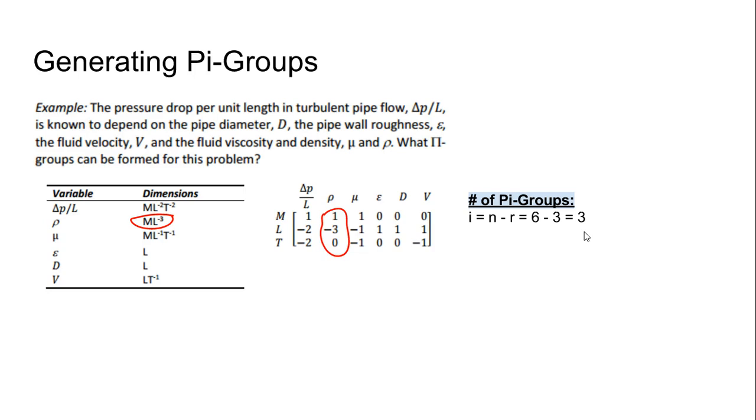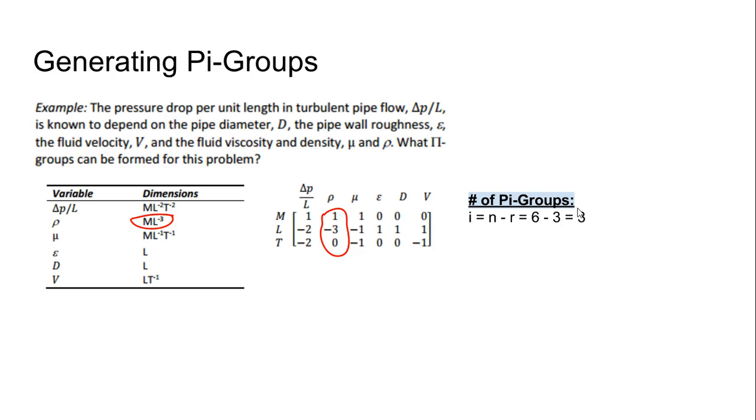But the thing is, they all have that essence, which is that initial pi group, and you're just scaling it by a certain amount, right? So when we say that there are 3 pi groups, we're saying that there are 3 independent pi groups. There are 3 unique pi groups, and then you can generate an infinite number of redundant pi groups that are going to be essentially the same thing at the end of the day, right? So I just wanted to make sure you guys are aware of that as well.